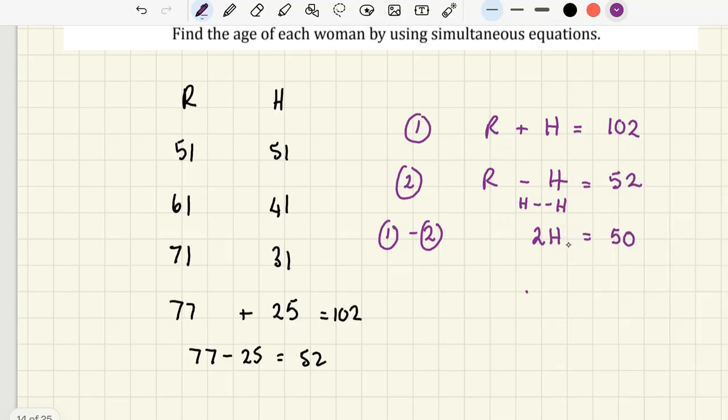Therefore, H must equal 25. Plug it into up here. You get R equals 102 take away the 25, which is 77.